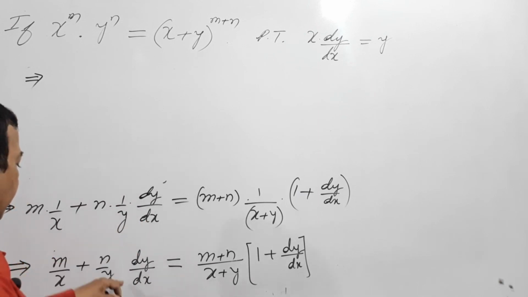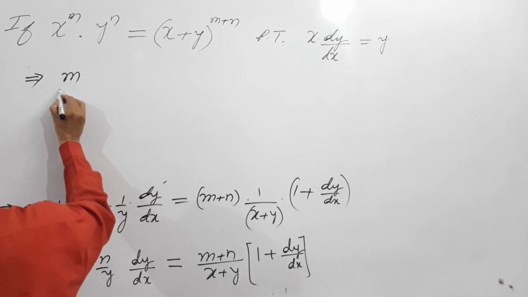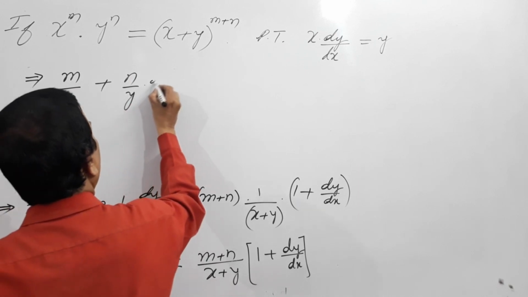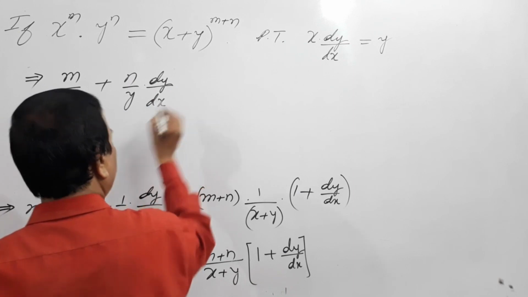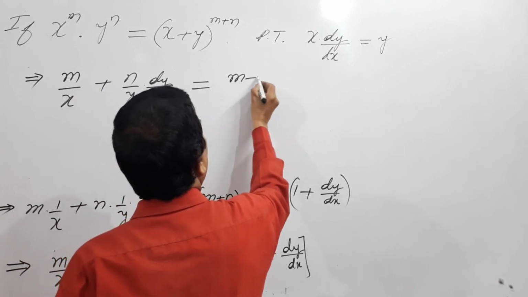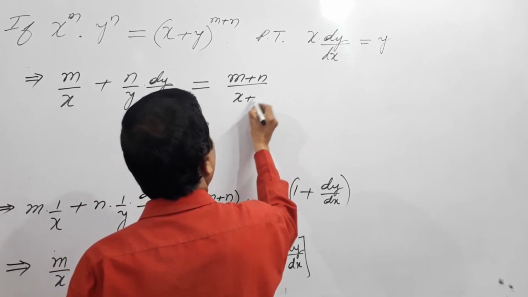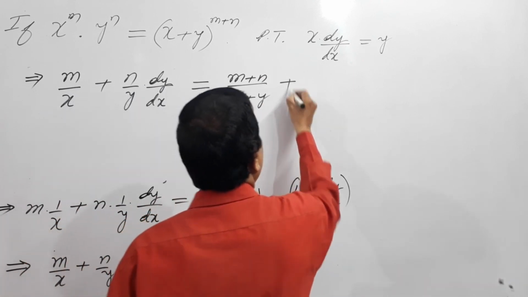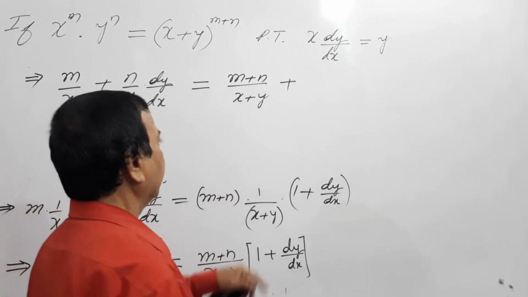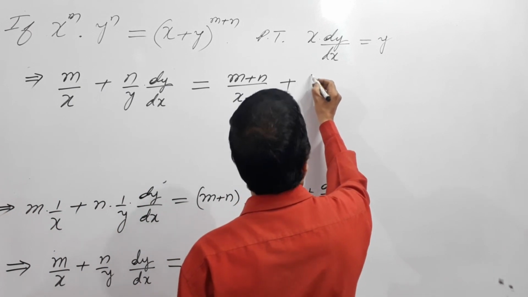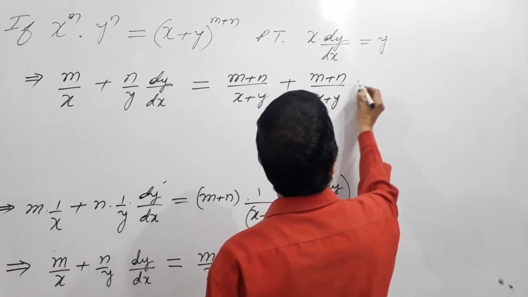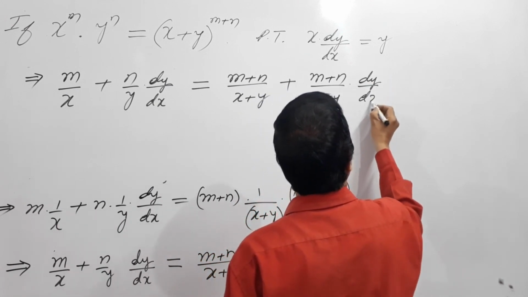So this is n by y dy by dx, m by x plus n by y into dy by dx equals, I multiply this, this becomes (m plus n) by (x plus y) plus (m plus n) by (x plus y) into dy by dx.